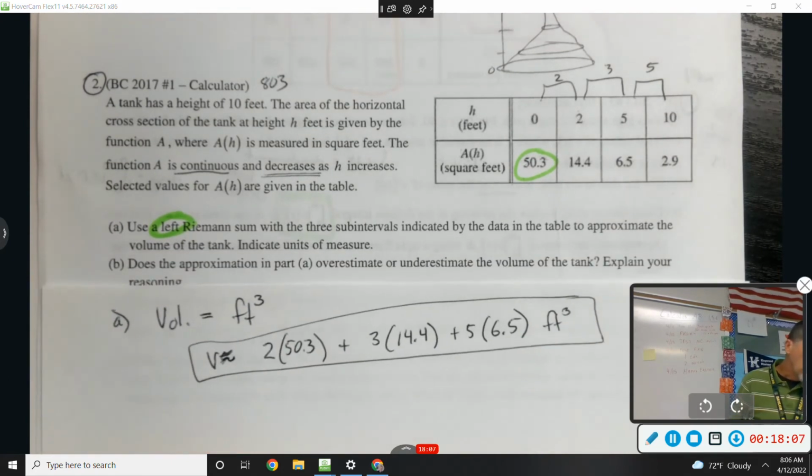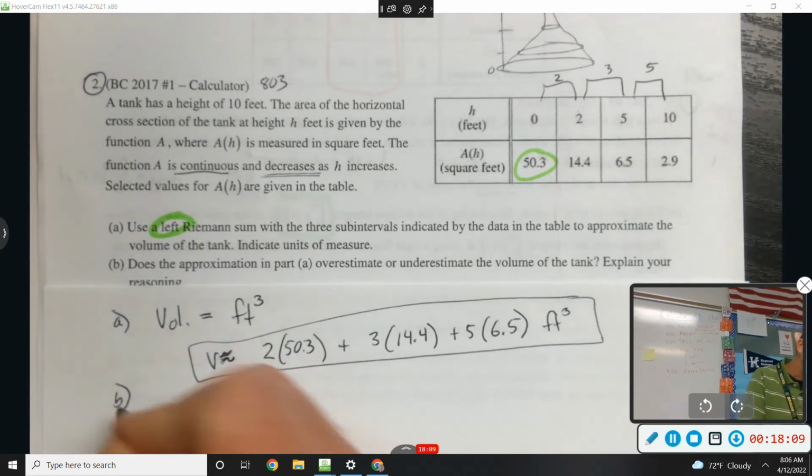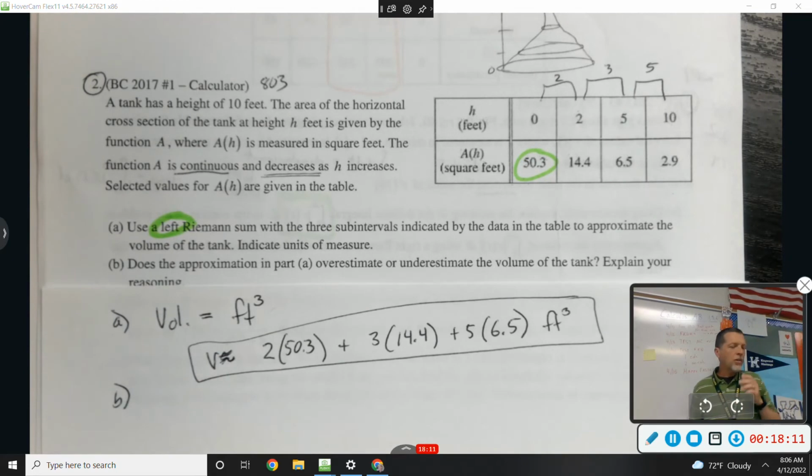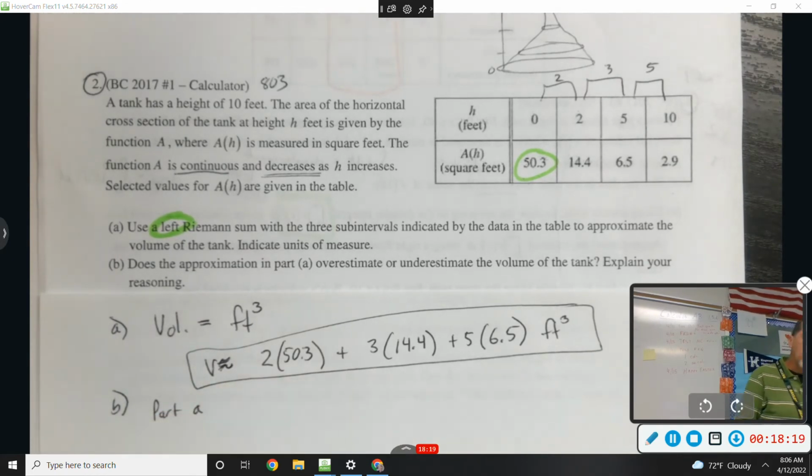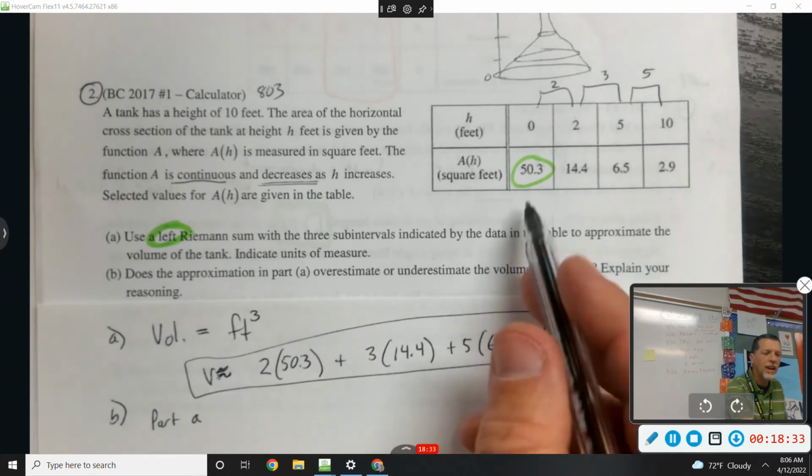Part B. Does the approximation in Part A overestimate or underestimate the volume of the tank? Explain your reasoning. So Part A, is that an overestimate or an underestimate? Well, because it has a negative relationship, maybe look at the picture or look at the data.